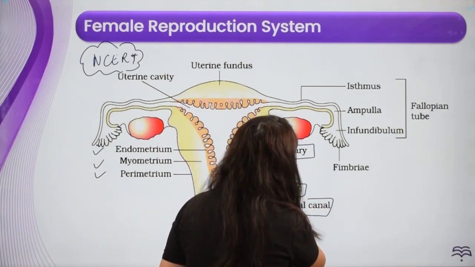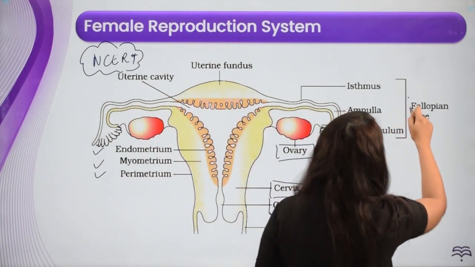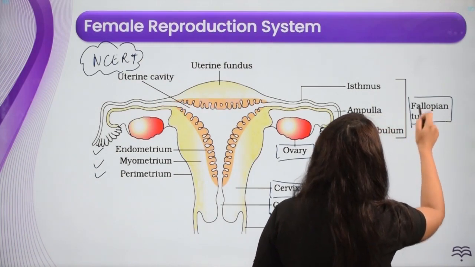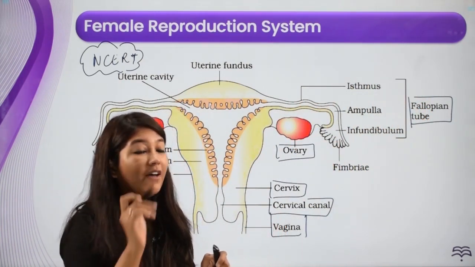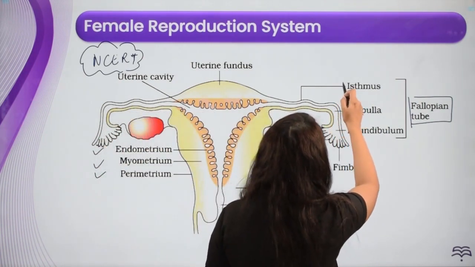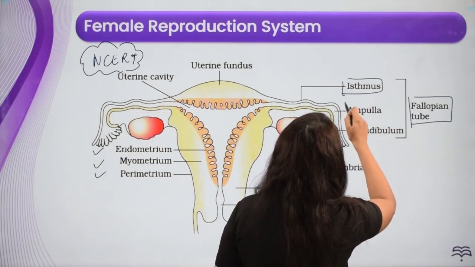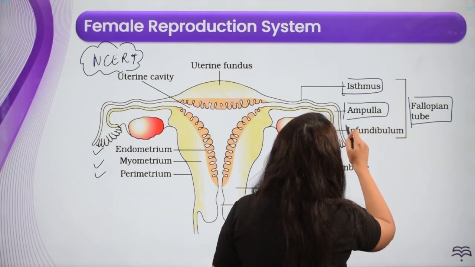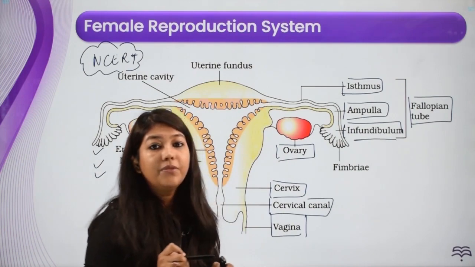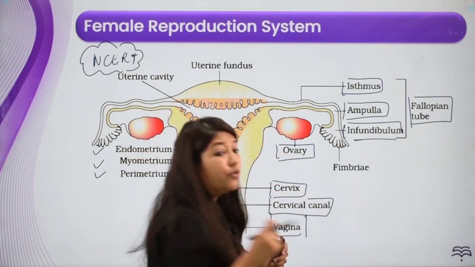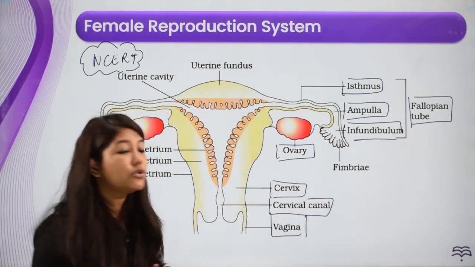Ovary, the primary sex organ, and then of course the fallopian tube. If you look very carefully, the parts of the fallopian tube have been labeled for you. This part is the isthmus. This is the ampulla, and the one which is closest to the ovary is called the infundibulum. A question is asked on this: which part of the fallopian tube is closest to the ovary?